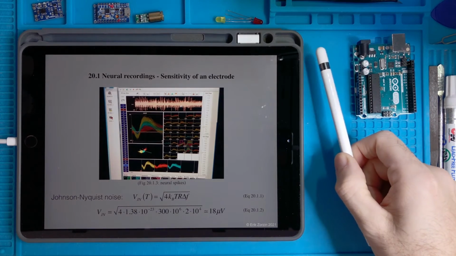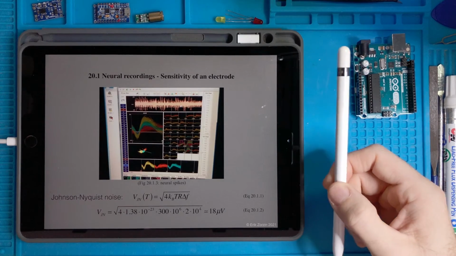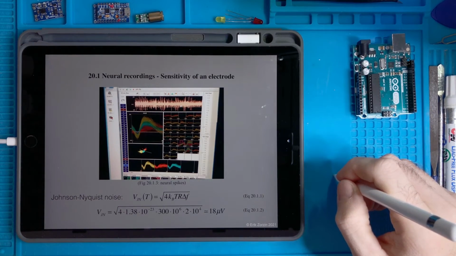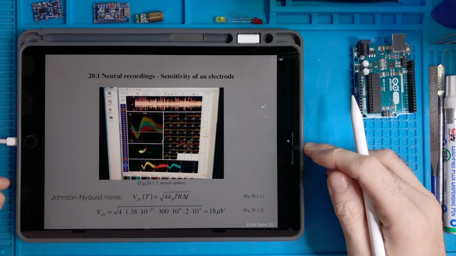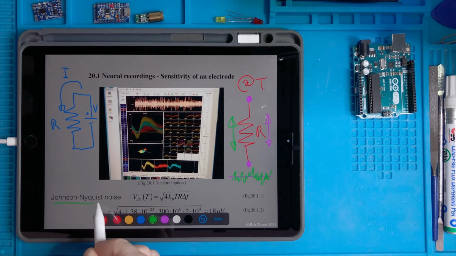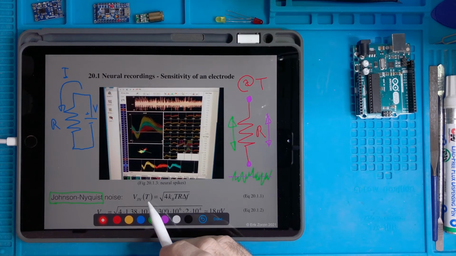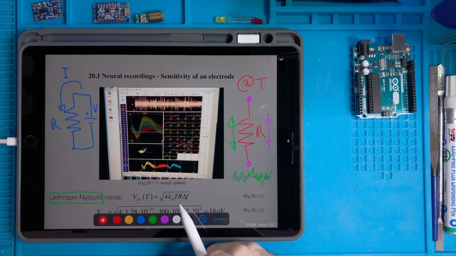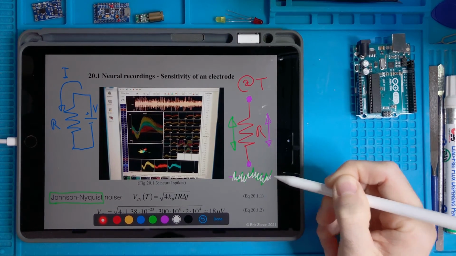So if you take the Boltzmann distribution for this energy of the electrons, then it is possible to compute what is called the Johnson-Nyquist noise, and more specifically the amplitude of that noise for a given temperature T, given the resistance of the electrode, and also given a delta F, which is a bandwidth of interest for this type of noisy signals.